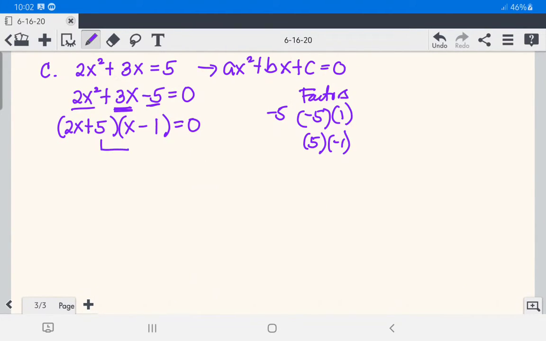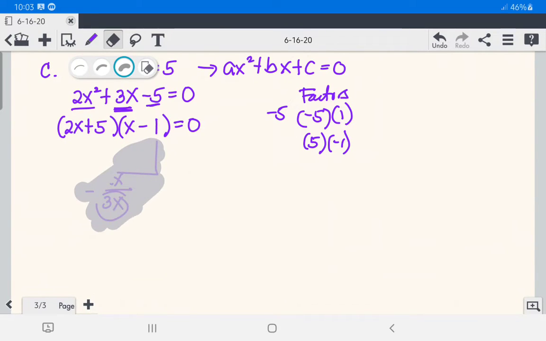So let us multiply the inner terms. 5 times x, we have 5x. Then 2x times negative 1, that is negative 2x. If you add, the result is positive 3x, which is the middle term, right? So, these are the factors. We are just using the trial and error method.